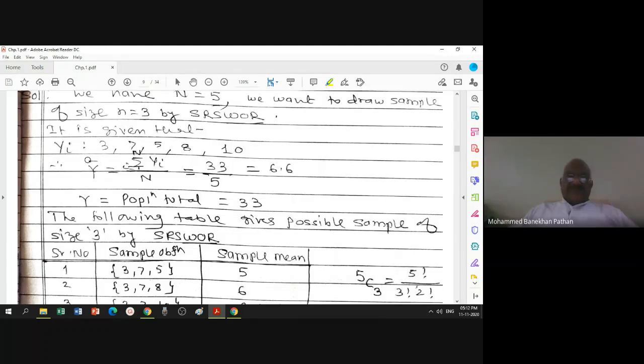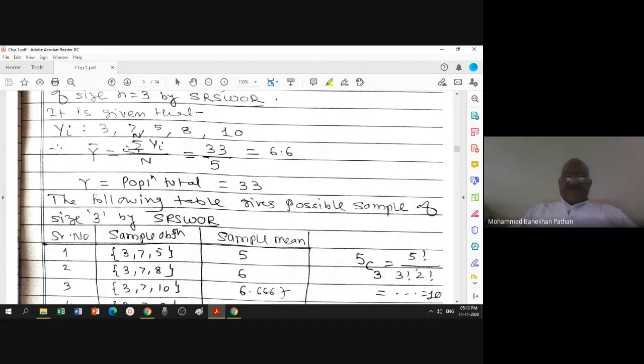So naturally, the population mean will be the total of all these values divided by the number of values in the population. So my answer for the population mean is 6.6 and the population total is 33. So I have the knowledge that the population mean is 6.6 and the population total is 33.